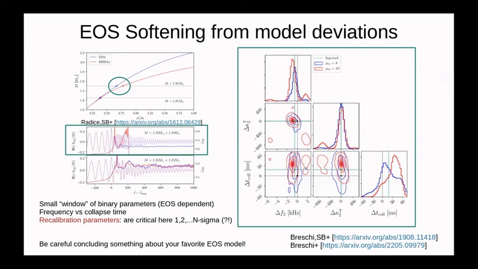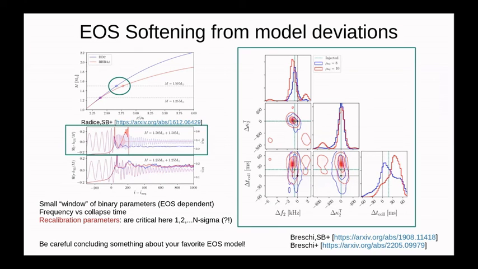The other caveat is that this typically happens in a very small window of binary parameters, at least if you choose a sufficiently precise equation of state independent characterization of the frequency. You could see this effect depending on the binary that you are considering. You could see it more as an effect on a frequency shift, or more as an effect on the time of collapse. It's actually a morphological change that you are looking for. So there's not only one quantity to look at.